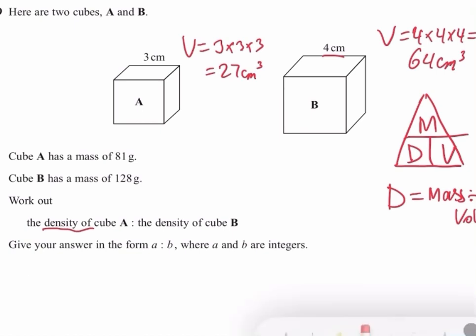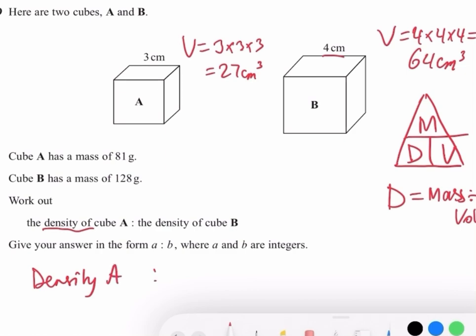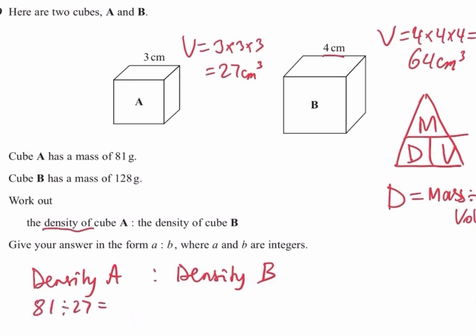Okay, let's use this value in the formula to work out the density. So for A, we're going to divide mass by volume. So what is the mass for cube A? 81. 81 divided by 27 we'll be doing here, which gives you 3.